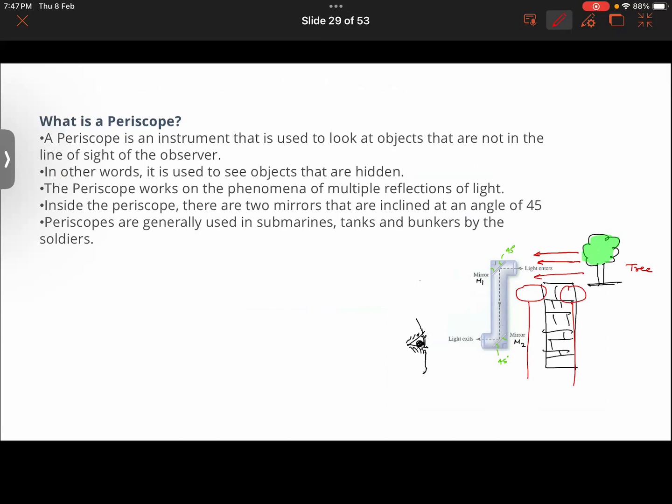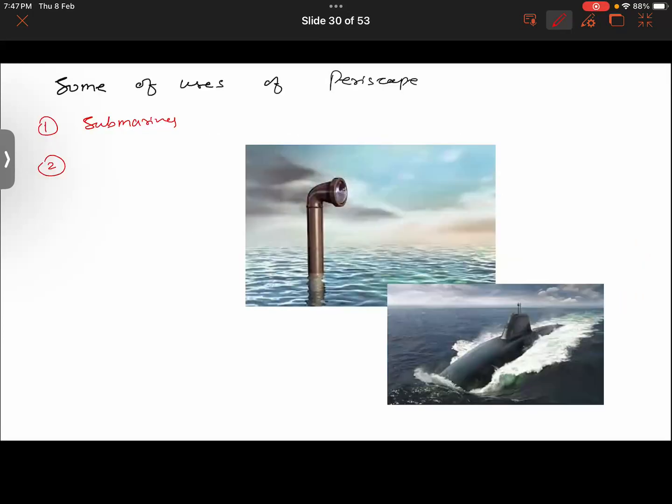The football match is happening ahead, you are not able to see it, but with the help of this you can see. Getting it, Ahmed? So that purpose is to watch overhead in a crowd, let's say the example is a football match.